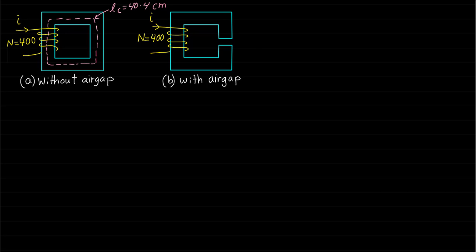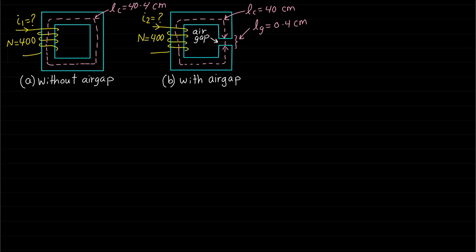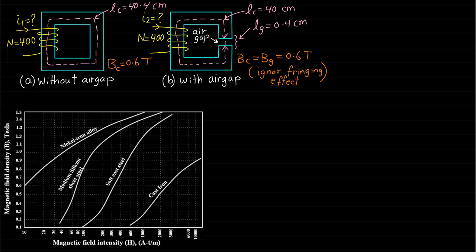Since the magnetic flux density B is known and equal to 0.6 Tesla, the magnetic field intensity Hc for the soft cast steel core can be determined for both circuits from the BH curve, and it is equal to 325 ampere turns per meter.